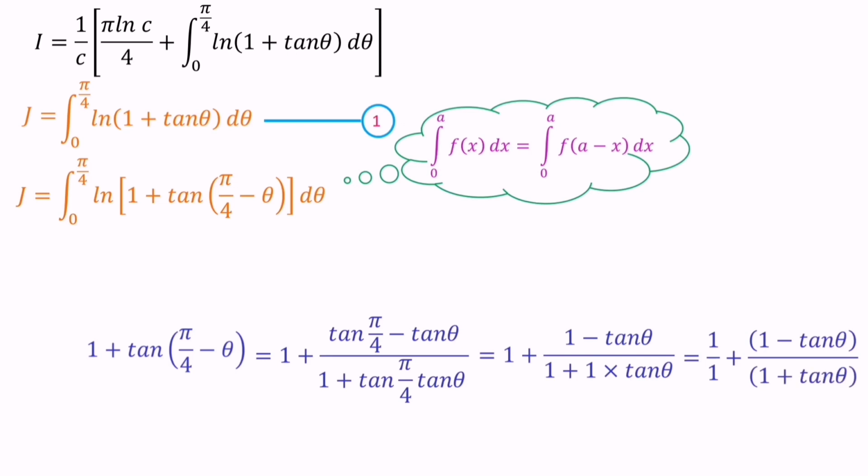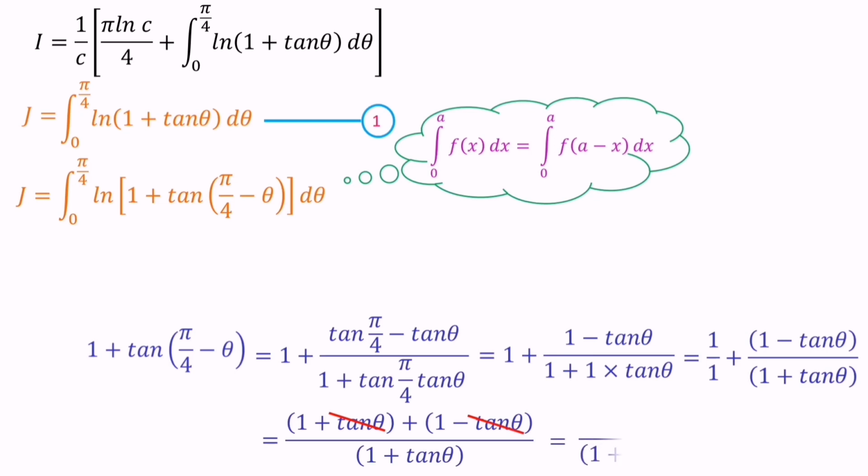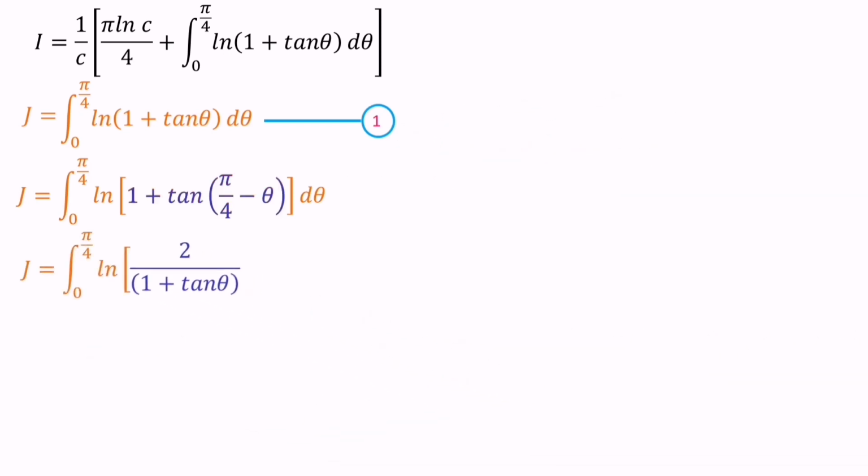After that, we can get a common denominator 1 plus tan theta. We can cancel out plus tan theta and minus tan theta, and we can get the final result as 2 over 1 plus tan theta. Let's take this capital J as equation number 2.